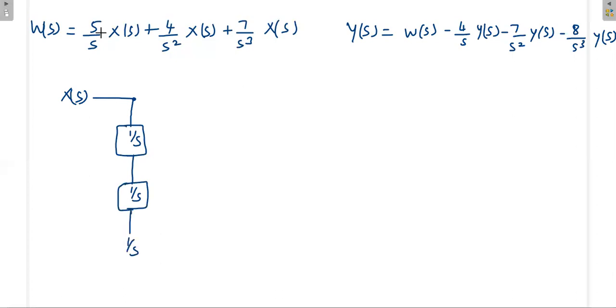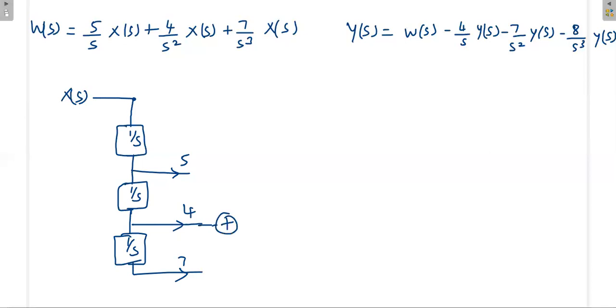The first integrator has a coefficient of 5, the second integrator a coefficient of 4, the third integrator a coefficient of 7. Then we will add all. Okay, now we got W of s. So this output is W of s.